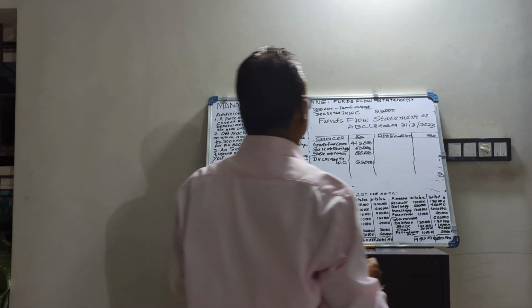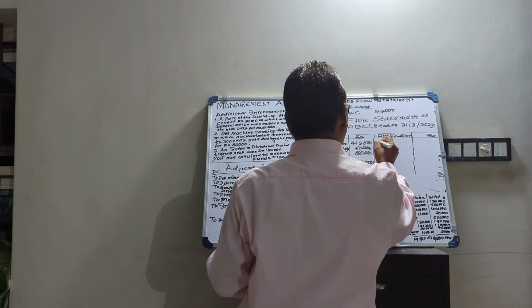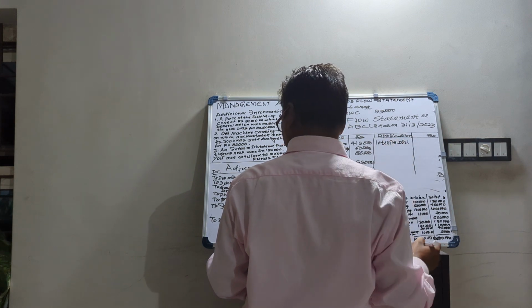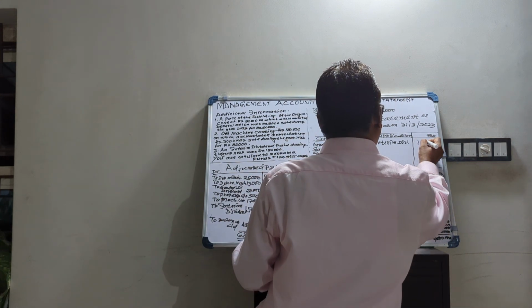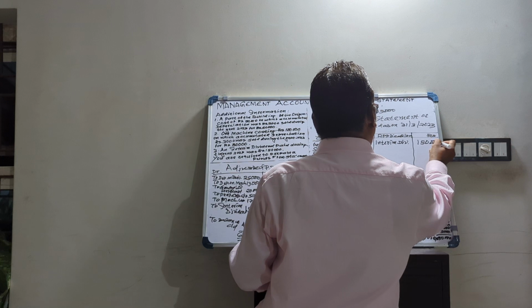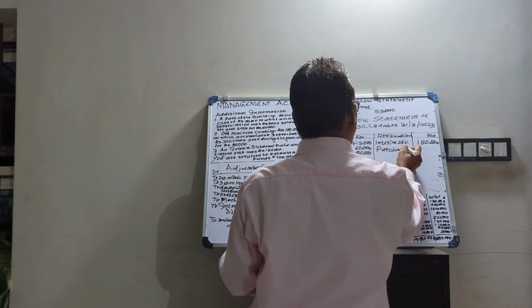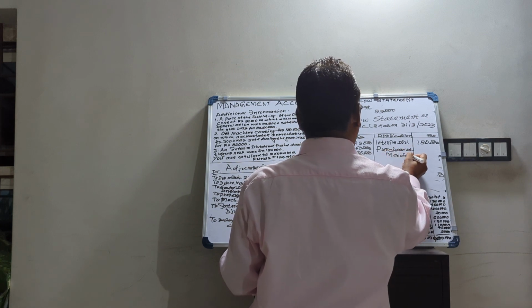Then interim dividend is an application, so write interim dividend, 1,50,000. Then purchase of machinery we will write on this side, 3 lakhs.